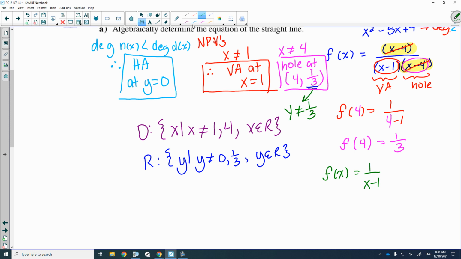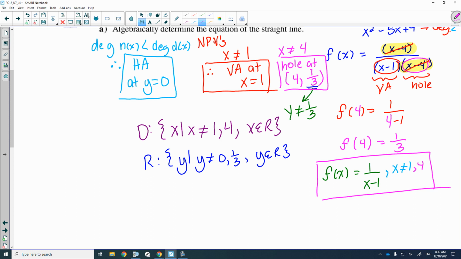But then you have to say comma when you're writing the equation, and you have to tell me what x cannot be. So x cannot be 1, which we already can see from here, but it could also not be 4 from the original. So you have to put the 1 and you've got to put the 4. And that would be the equation.